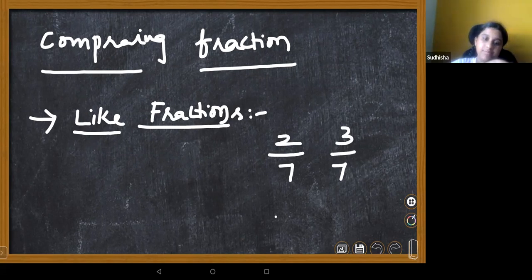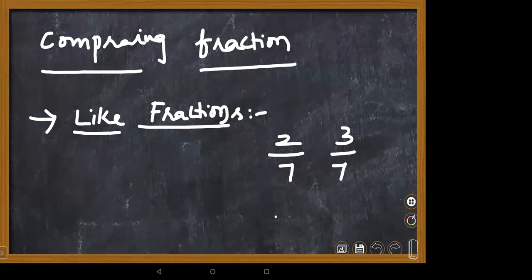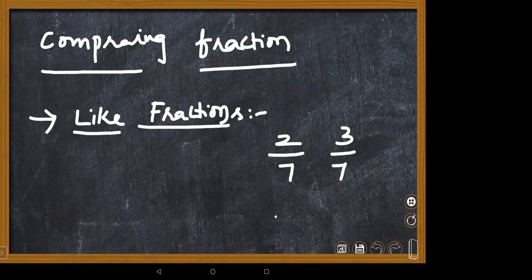I want to compare these two like fractions, which numerator is greater, that is your greater fraction. Which numerator is greater here, Lohini? 3/7. So which is greater by comparing? It's very easy, children. If it is like, it is easy to compare.